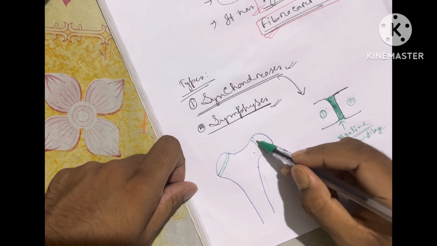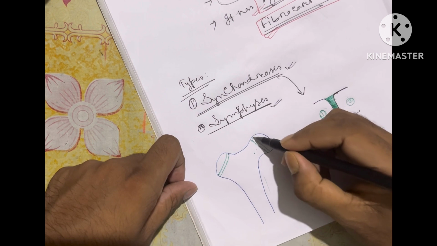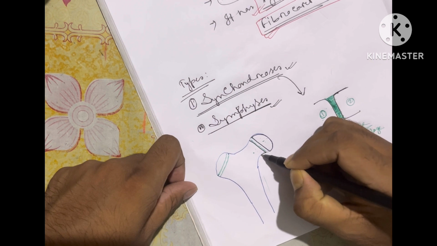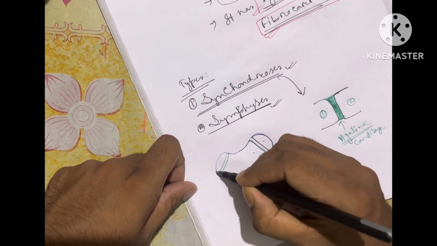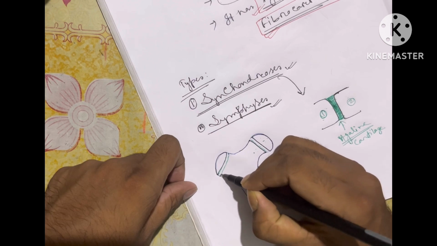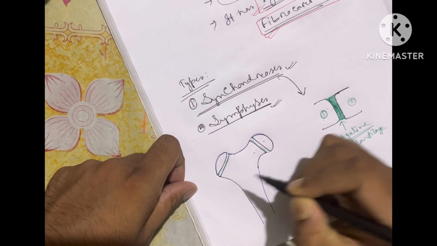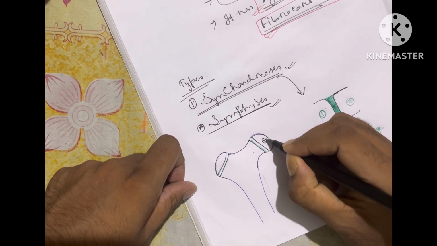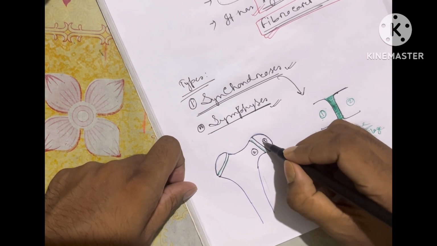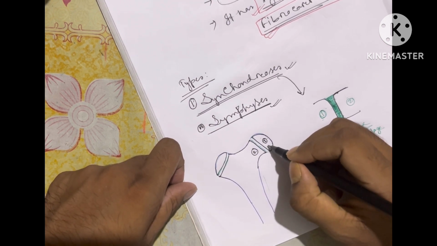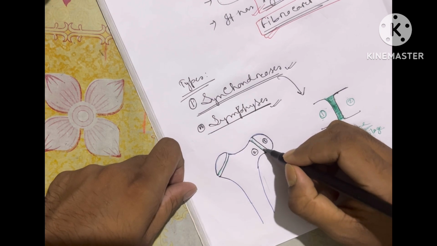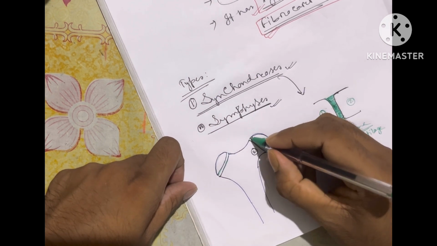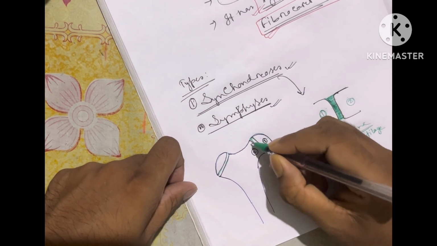So this is a separate bone, and this is a separate bone. Here also this is one separate bone and this is one separate bone. So in between number 1 and number 2 we have a space, and this is called the epiphyseal seal. So there is a seal between the epiphysis and the diaphysis.